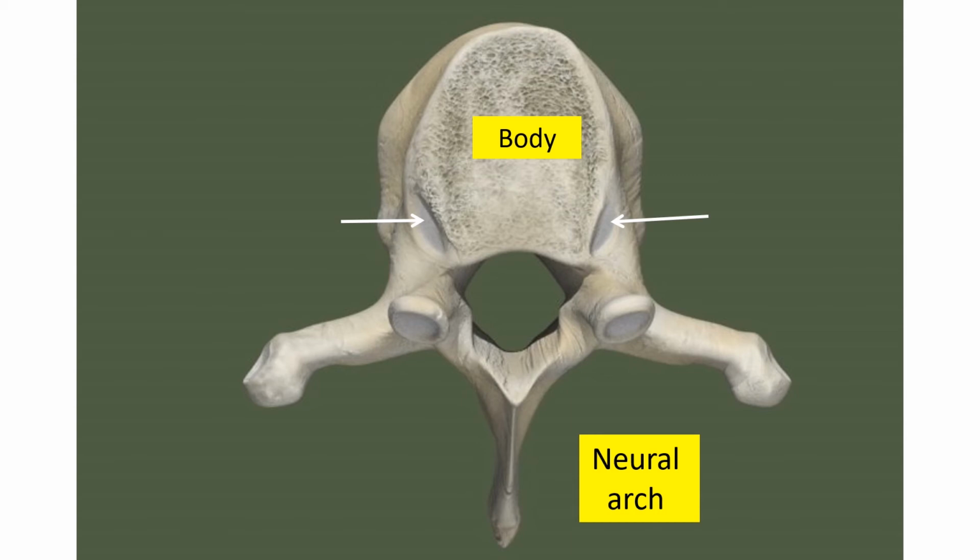Now, because this is a superior view, we cannot see whether the spinous process is pointing down or not. But we can see that the superior articular process has its facet pointed posteriorly. This is another feature of thoracic vertebrae.